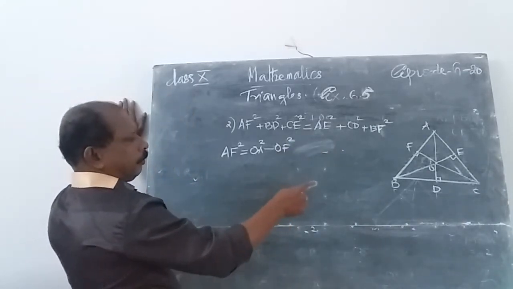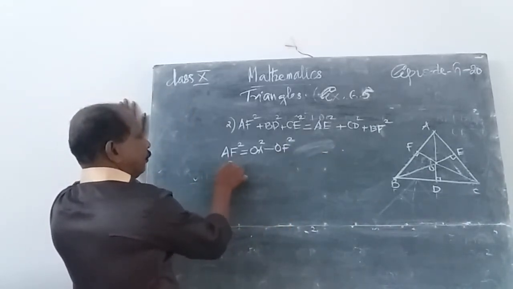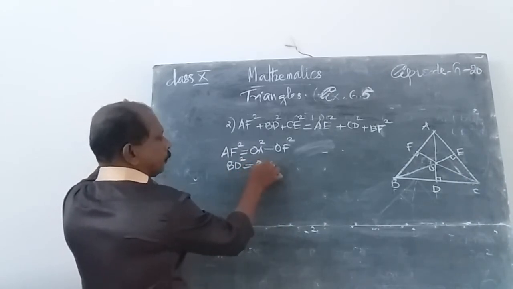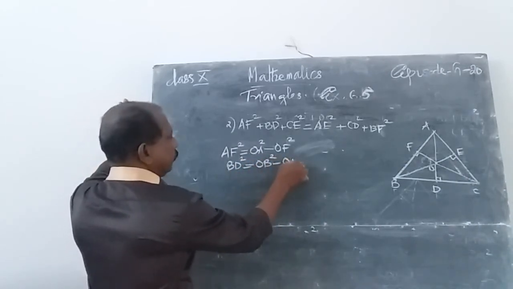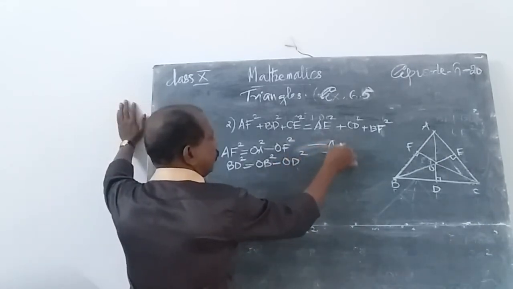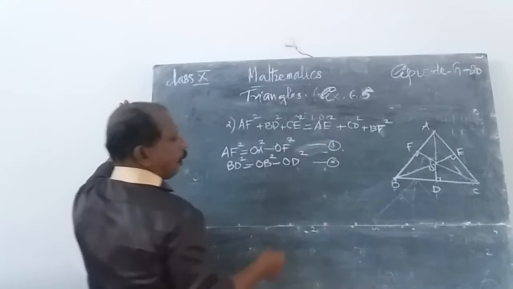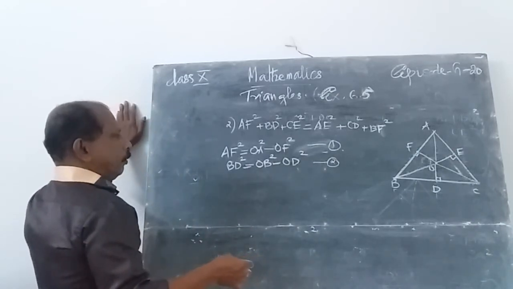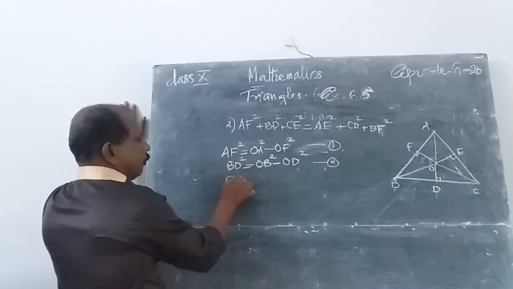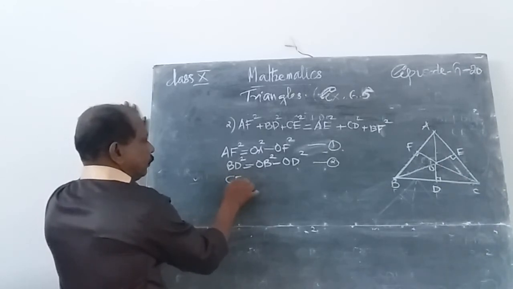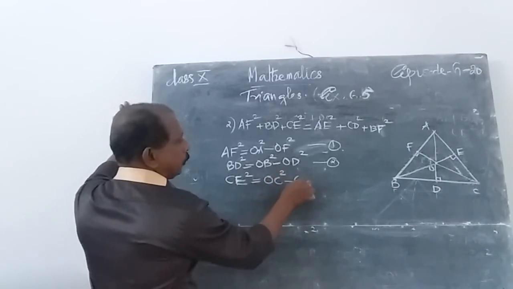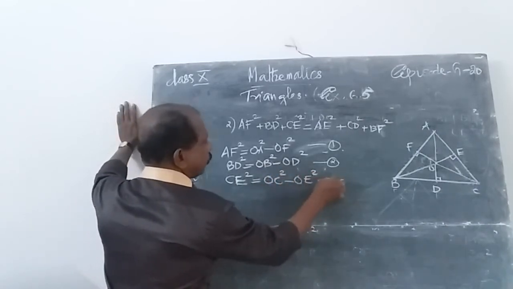Then BD square is equal to OB square minus OD square. Equation number 2. And CE square is equal to OC square minus OE square. Equation number 3.